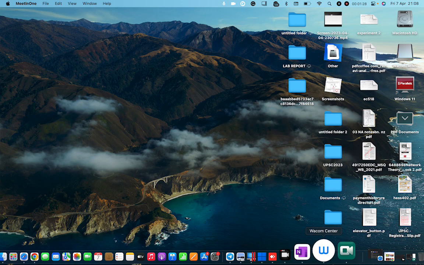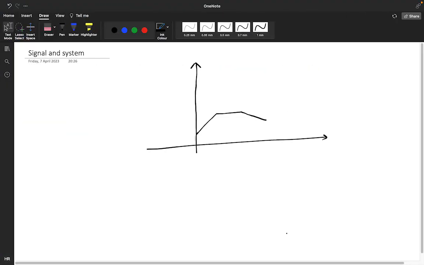Is it visible? Yes, sir, it's visible. So this is your x of t, and it's coming like this, up to this. So 0, this is 2, this is 3, this is 4, this is your t. And I am asking you what is minus x of t.